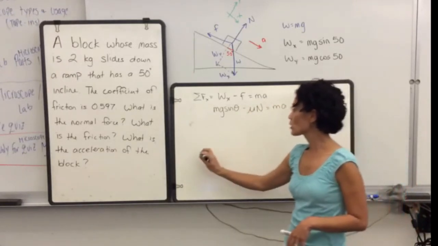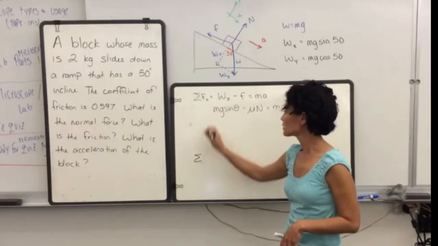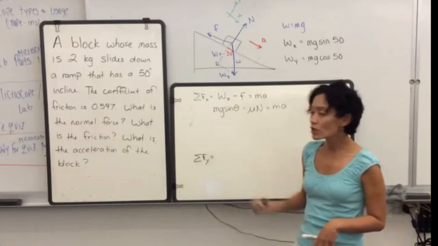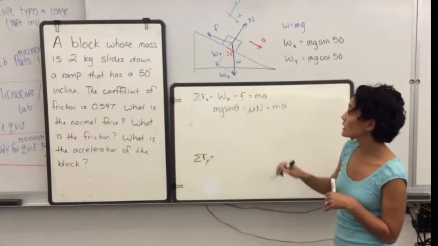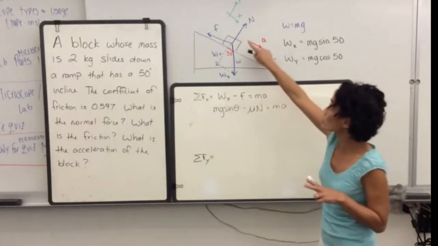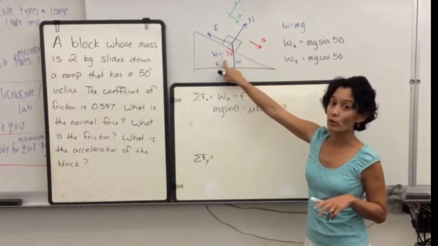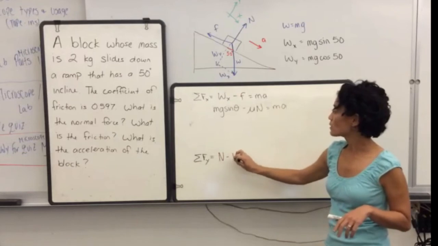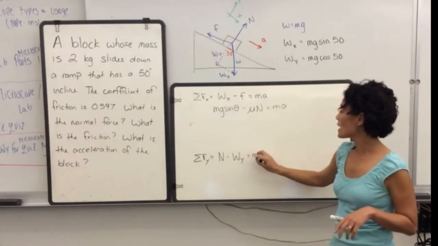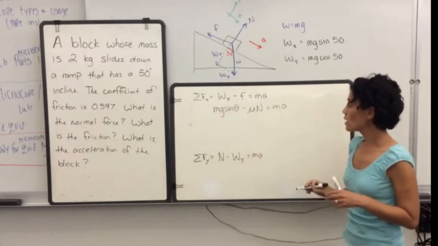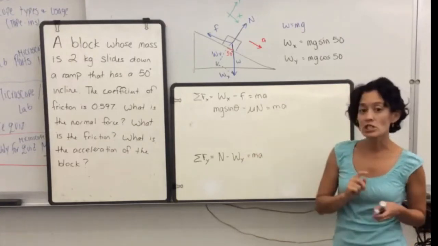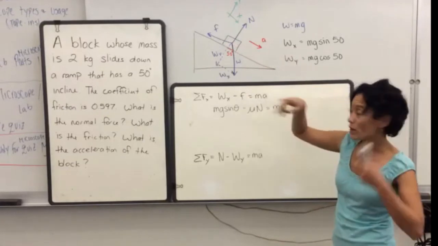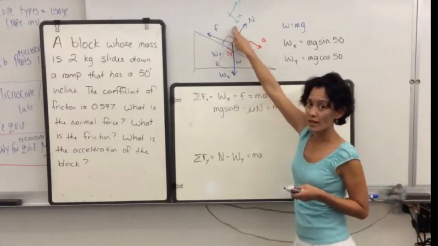For my vertical equation, I'm going to come down here, I'm going to leave a little bit of space because I know I'm going to have to finish calculating that. For my vertical equation, I look at what's happening vertically, and the two forces I have vertically are this normal force and this Wy. And so I'm going to say, okay, well, normal force minus Wy equals ma. But this object is not moving vertically. It's only going down my ramp. It's only going down horizontally according to my new axes, okay?